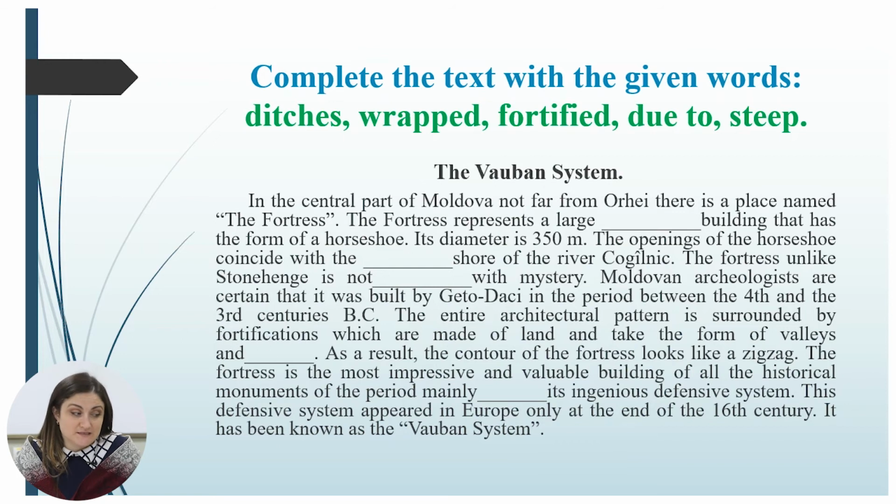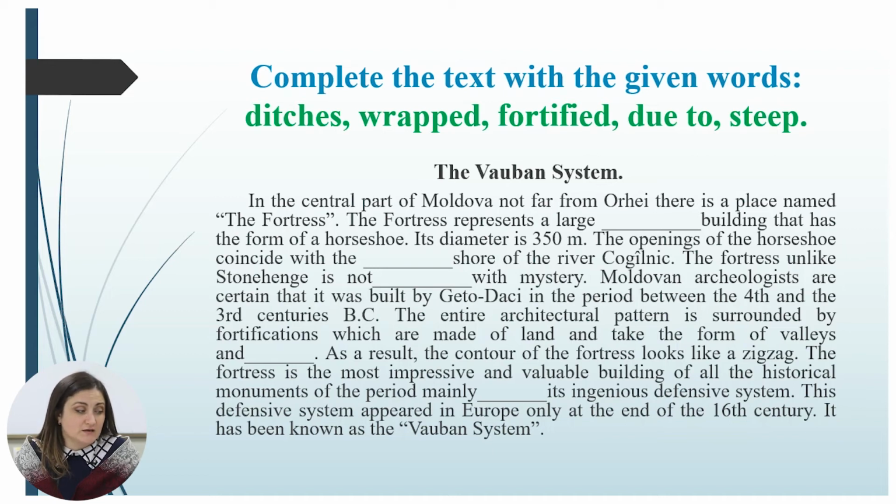The Vauban system. In the central part of Moldova, not far from Orhei, there is a place named the fortress. The fortress represents a large fortified building that has the form of a horseshoe. Its diameter is 350 meters. The openings of the horseshoe coincide with the steep shore of the river Cogalnic.